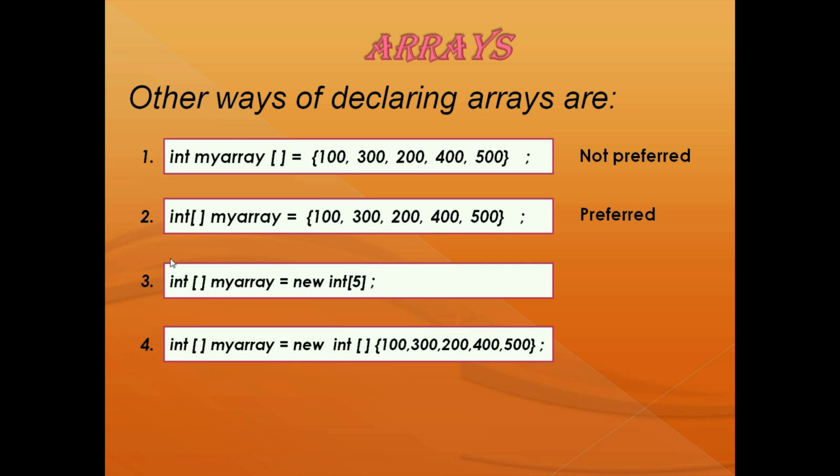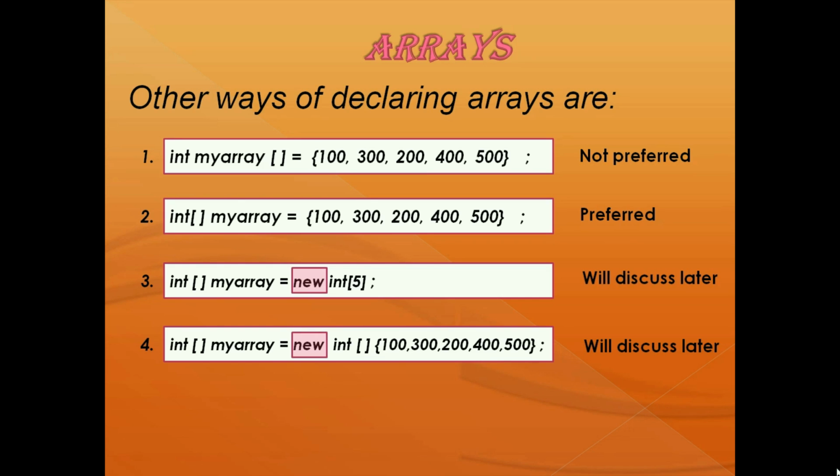But there are two more ways of declaring an array, like this. You can declare an array like this: int, square brackets, the name, is equal to new. We haven't learned what the new keyword is here, so I will not go deep into this kind of array.